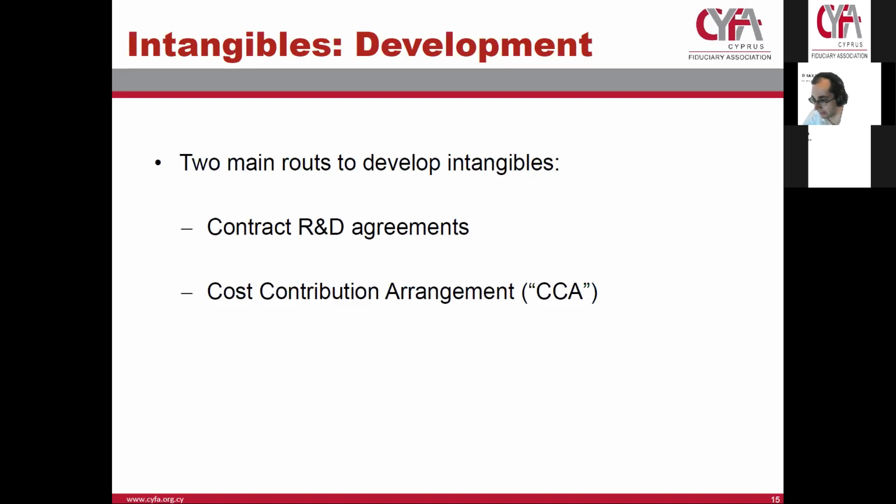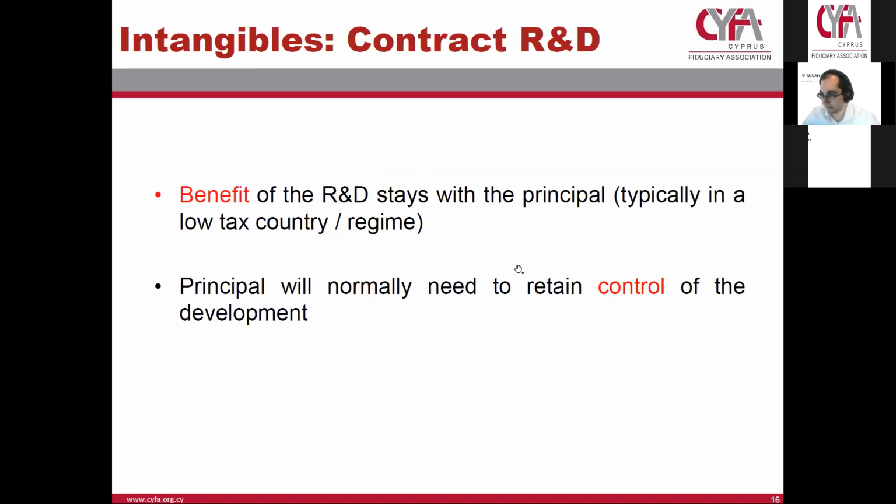Or the company can enter into a cost contribution arrangement, which we'll briefly discuss later on. The benefit of the R&D typically stays with the principal in a contract R&D structure. And there's, of course, significant tax planning around this issue.